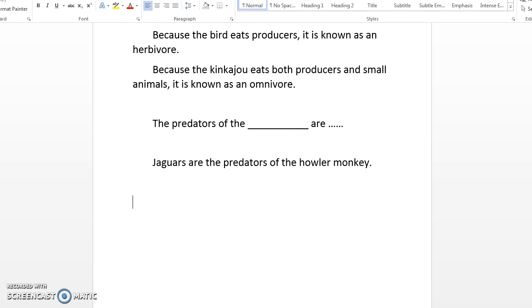Okay. And then our very last sentence is going to be about wrapping this paragraph up and moving on to the next paragraph, which is all about environmental threats.